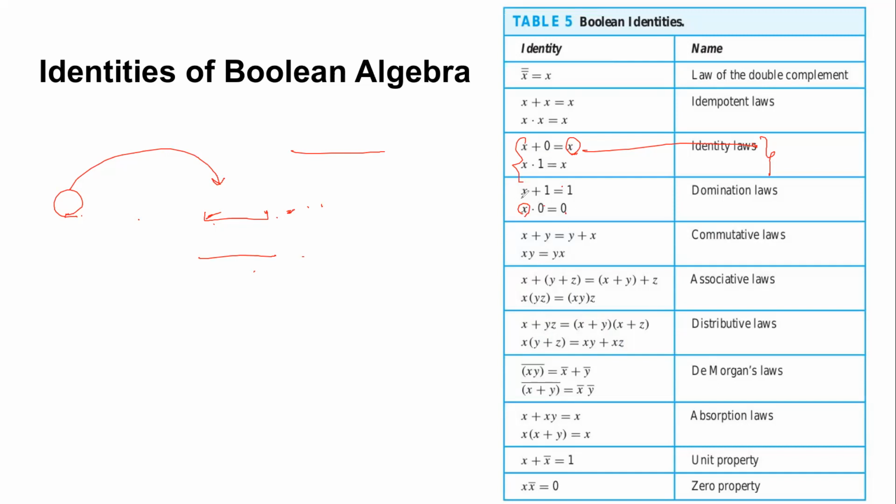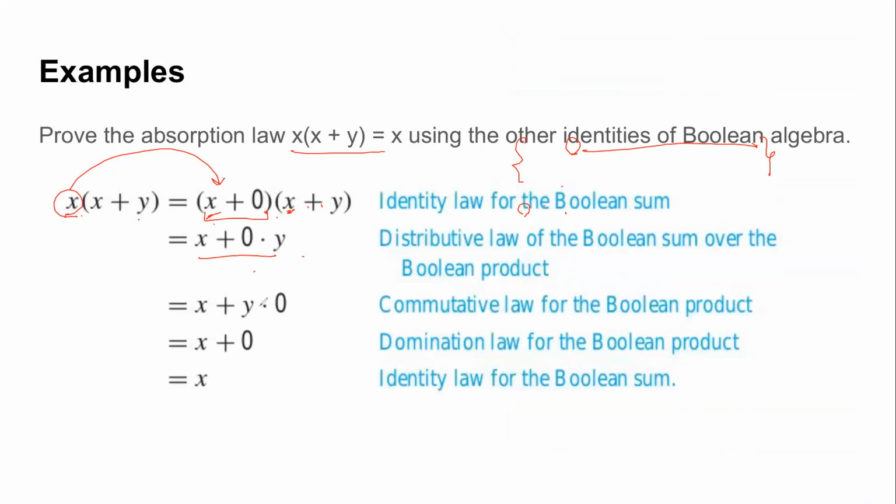To bring it into this form, we can use the commutative property: 0 Boolean product y is the same as y Boolean product 0. From the domination law, y Boolean product 0 is 0. And from the identity law, we know x plus 0 is x. So you get this result.